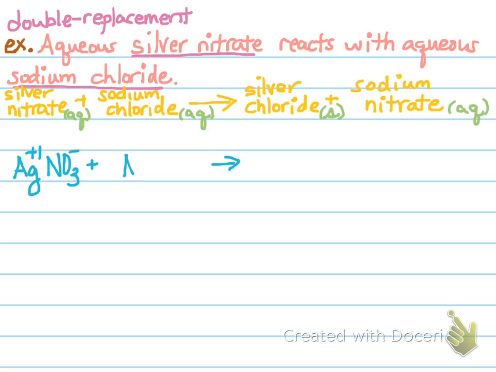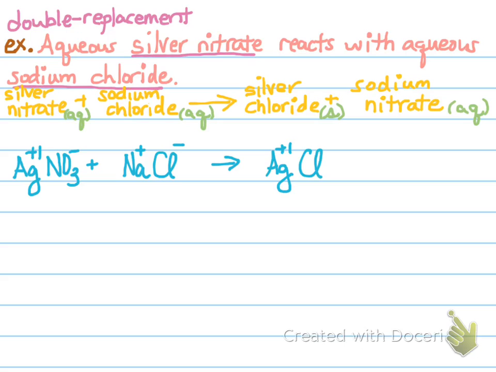Sodium is Na. It has a charge of +1 because it's in group 1A. Chloride is Cl. It has a charge of -1 because it's in group 7A. Again, I have nothing to do here because I'm crisscrossing down once. Silver is still Ag, with a charge of +1 from our helper sheet.